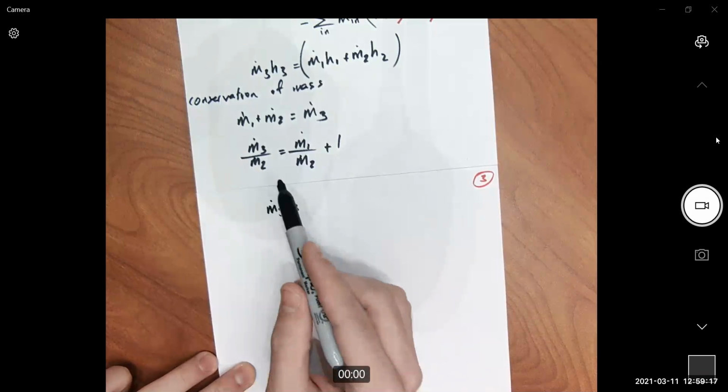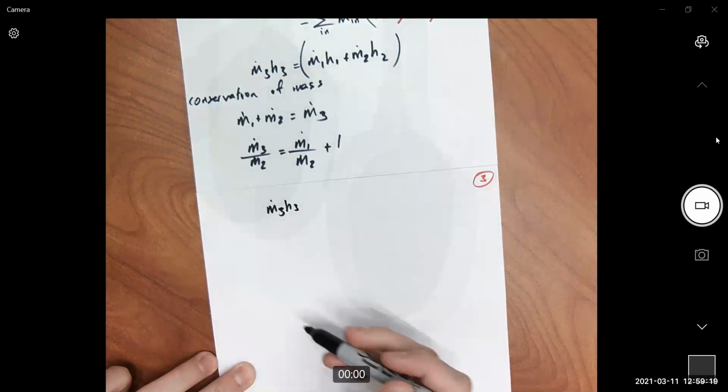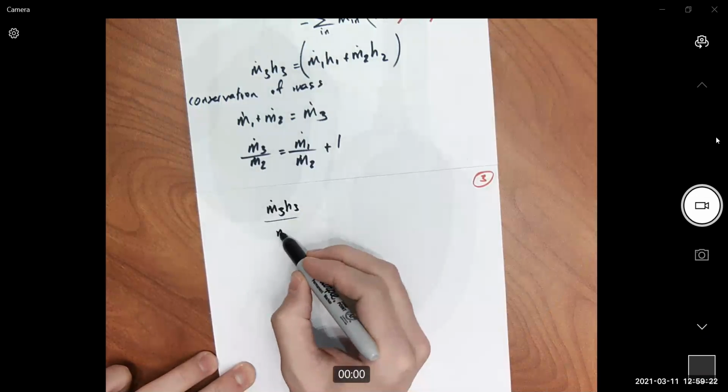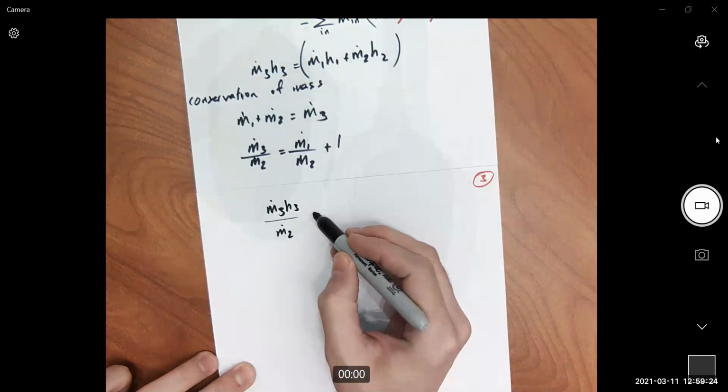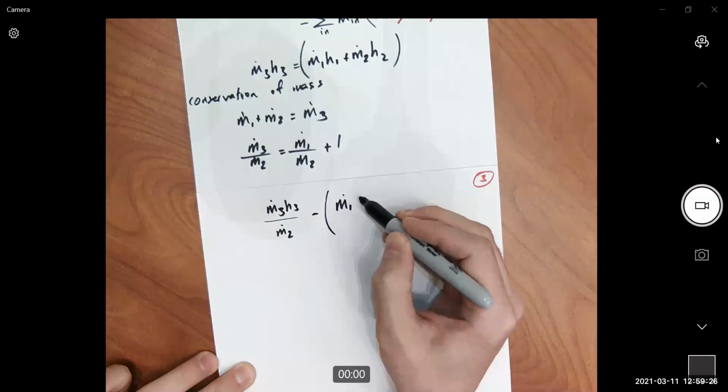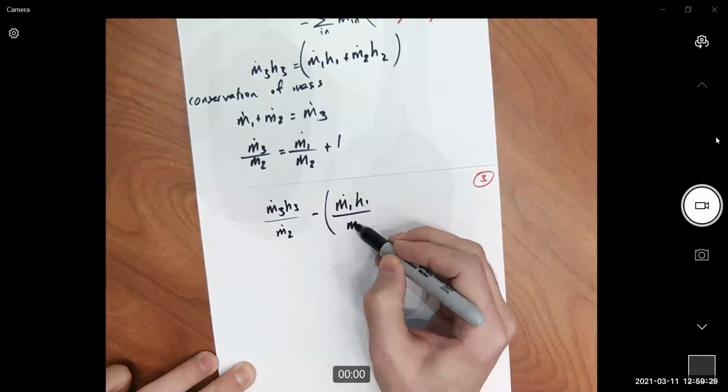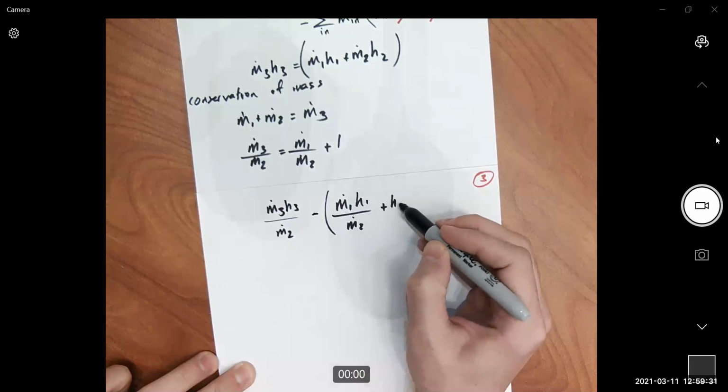M3H3, if I substitute this back into my energy equation, H3 M3 divided by M2 minus M1H1 over M2 plus H2.